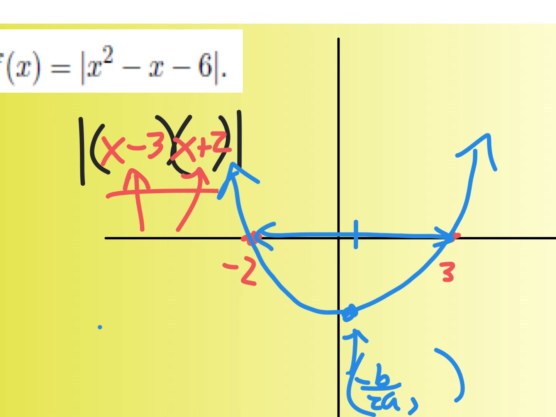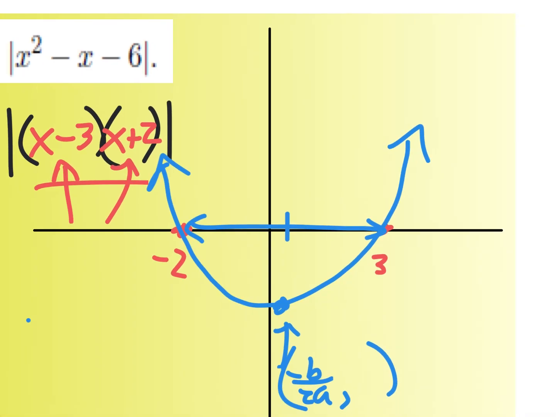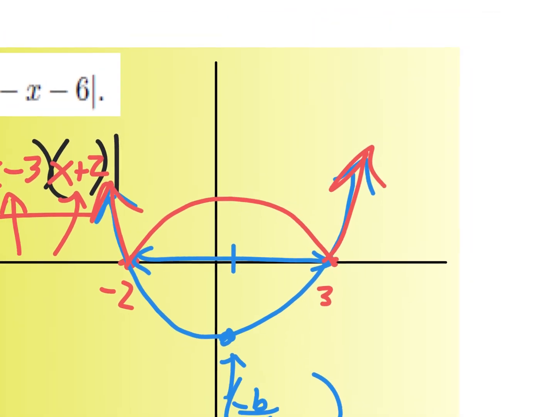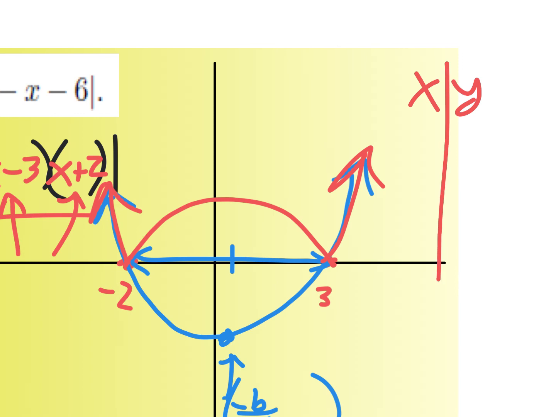All right, we're going to stop obsessing about exactly what this looks like because it's absolute value of it. And if the absolute values are on there, around the outside, on our last test, you guys learned that meant the bottom flips up. Do you get that red graph is basically what the answer looks like? And if you really needed exact points, wouldn't you just use your best friend in graphing, the XY chart? You can just stick in 0 and see what you get.